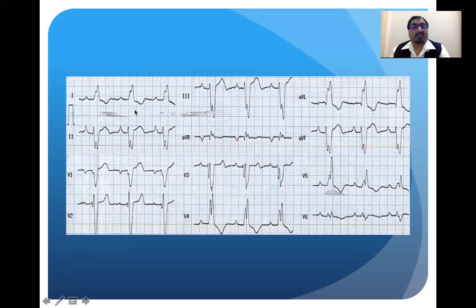underlying other investigations. If you look at this particular ECG, you find that there is a QRS which is widened, quite widening of the QRS. There is a notch on the ascending limb of the QRS, and you find that there is a T inversion. So there is an RSR pattern in I, aVL and V4, V5, V6.